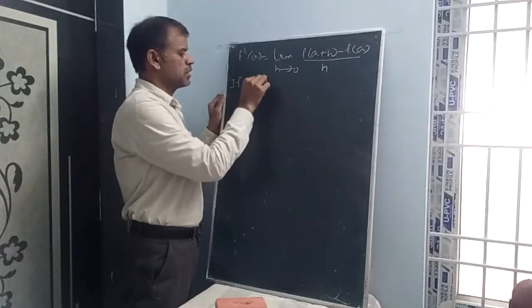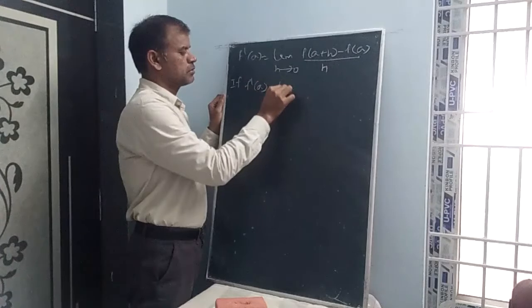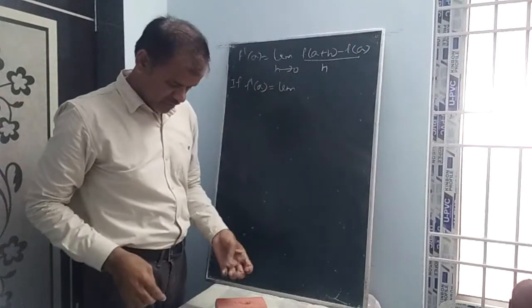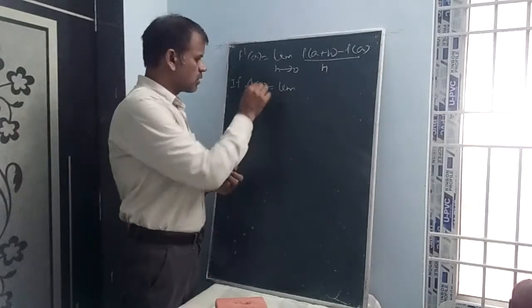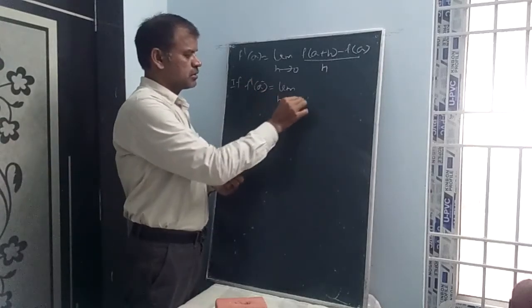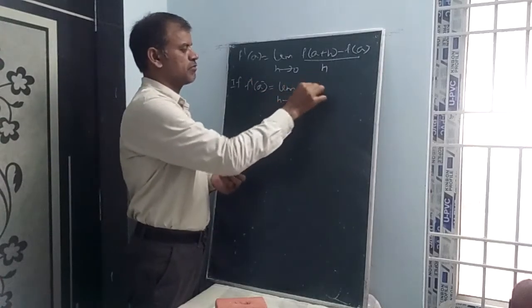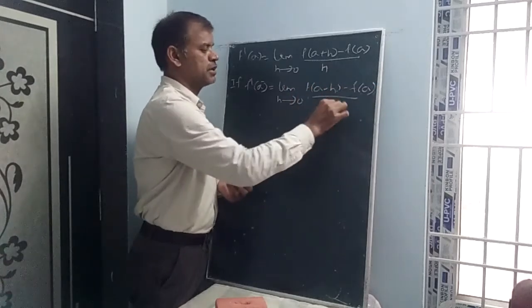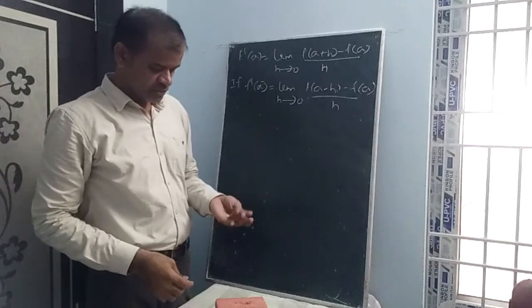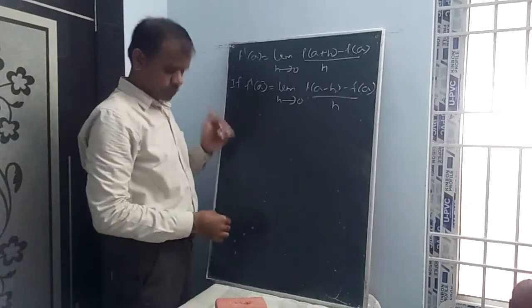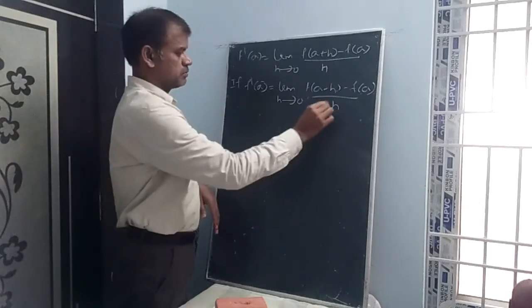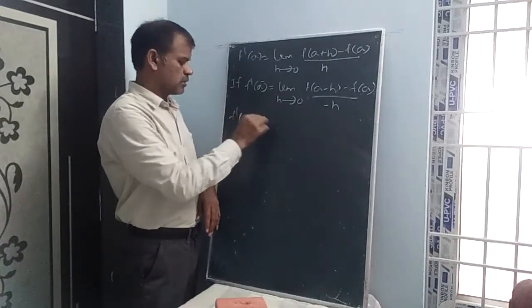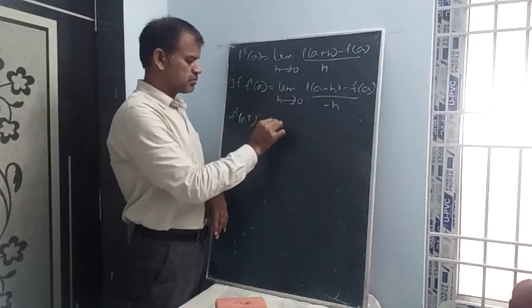f'(a-) is the limit as h tends to 0 of [f(a - h) - f(a)] / (-h).